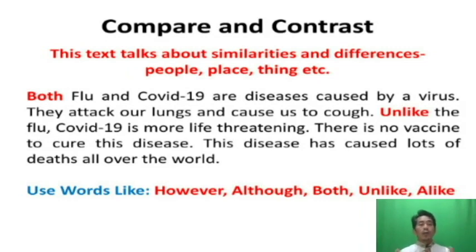So when you write this, try to use words like however, although, both, unlike, alike, like this. When you come across this text structure, try to look for some of the important words. Definitely, you will find some of these words that I have mentioned here. So this is compare and contrast.